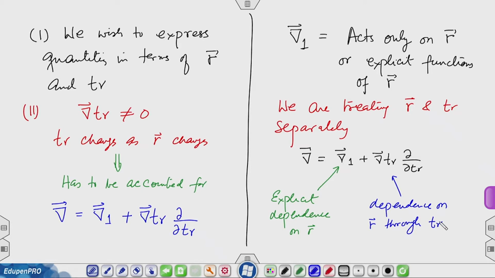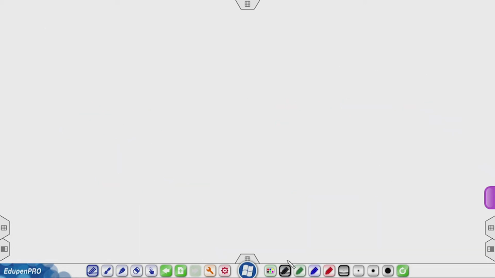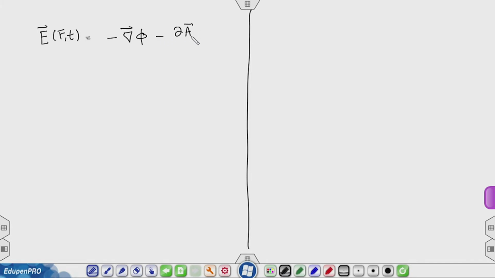Now, we are ready to do our calculations. So, first we will calculate the electric field. The electric field E(R,T) is given as minus grad of phi minus dA/dt. And as I said earlier, we would like to bring in R and TR. So, let us calculate these terms one by one.